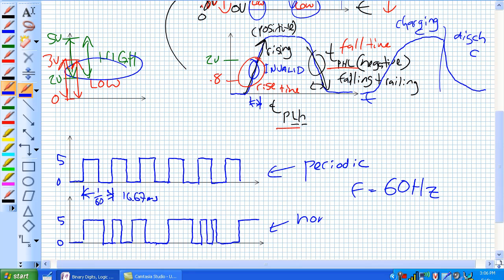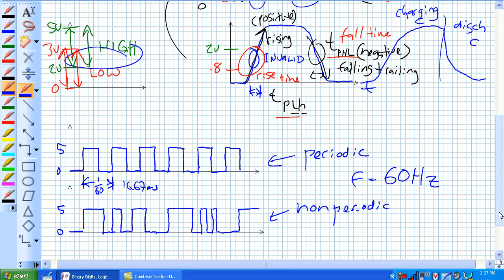Whereas a non-periodic waveform, there is no natural frequency. It is taking the digital value between 0 and 1, or 0 volts and 5 volts, as to whatever the code requires of it. Okay? A periodic waveform, this is referred to as a clock.